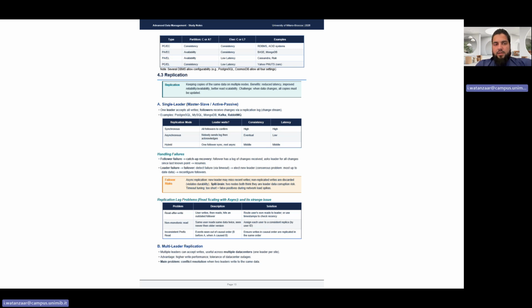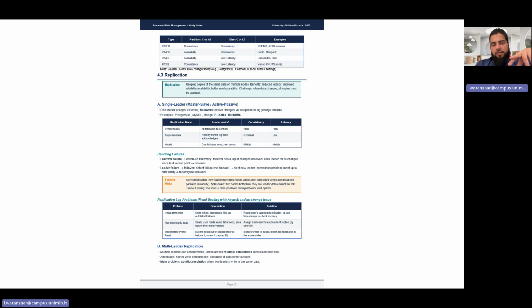The system is not consistent here, but it is eventually consistent, and such a replication lag can lead to strange issues.